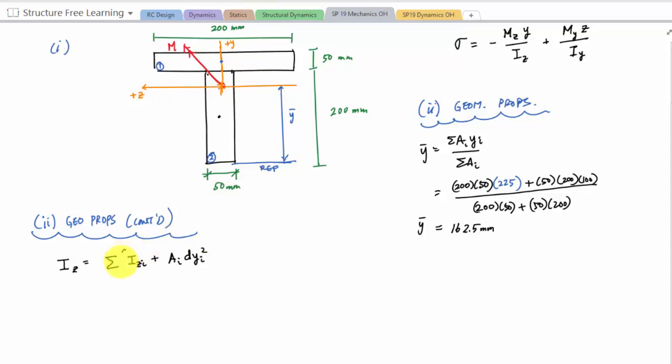So for instance, for area 1, I'm taking the moment of inertia about its horizontal axis.